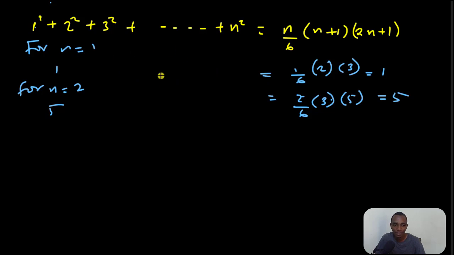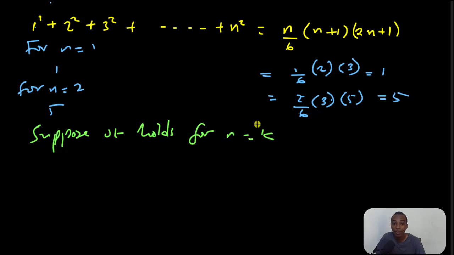Now, we've seen that it holds for the first few numbers. Let's suppose that it holds for any arbitrary number, let's say n equals k. By the way, this is what we call the induction step, where we are supposing that this formula is true for some value n equals k.